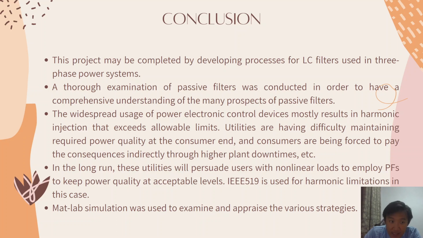In the long run, these utilities will persuade users with nonlinear load to employ power factor correction to keep the power quality at acceptable levels. The IEEE 519 is used for harmonic limitations in this case. MATLAB simulation was used to examine and appraise the various strategies. Thank you very much.